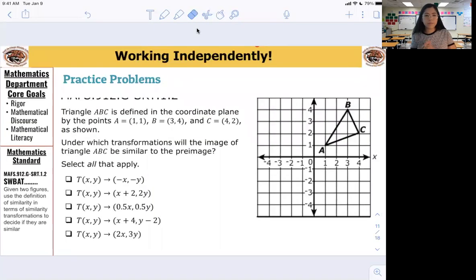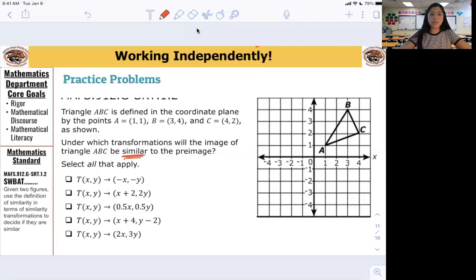Okay. Here's another one, kind of similar, but also maybe a little bit easier. Triangle ABC is defined in the coordinate plane by the points A is (1, 1), B is (3, 4), and C is (4, 2) as shown. Under which transformations will the image of triangle ABC be similar to the pre-image?